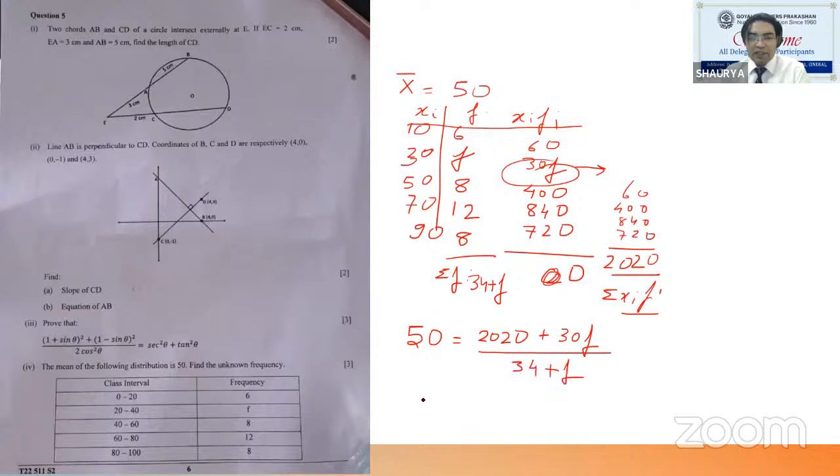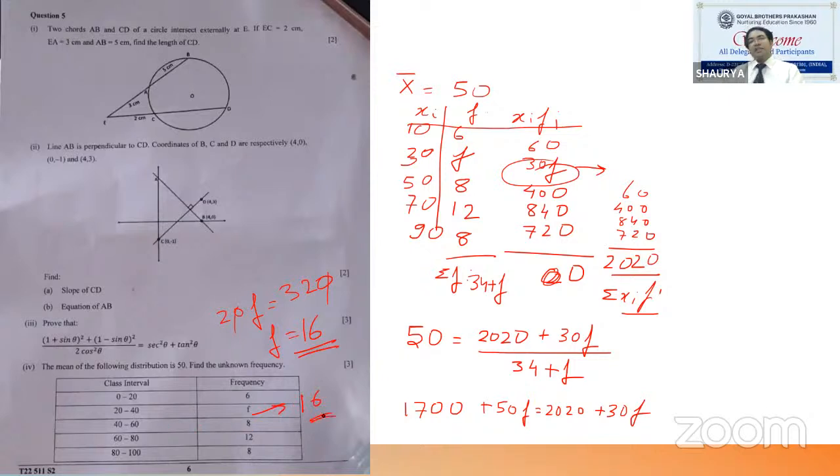We can simply cross multiply it. 34 5s would be 1700, plus 50f is equal to 2020 plus 30f, which should give us 50 minus 30 is 20f, and this is 320. 0 cancelled off, f is equal to 16. So we have calculated this missing frequency for the class 20 to 40.